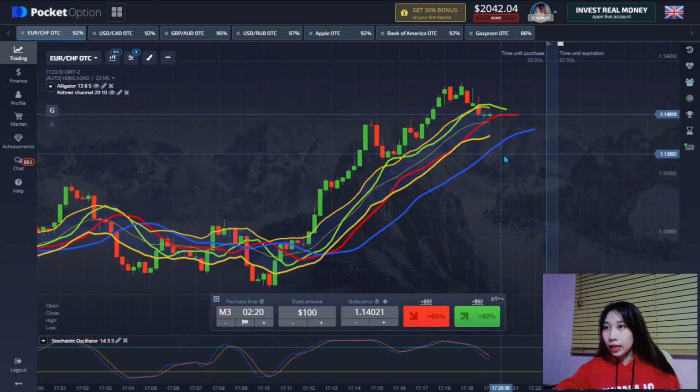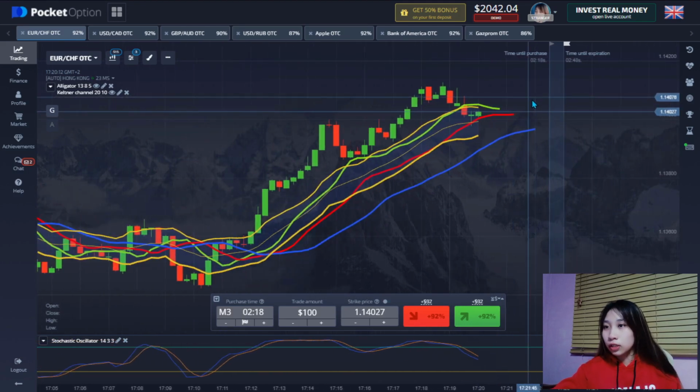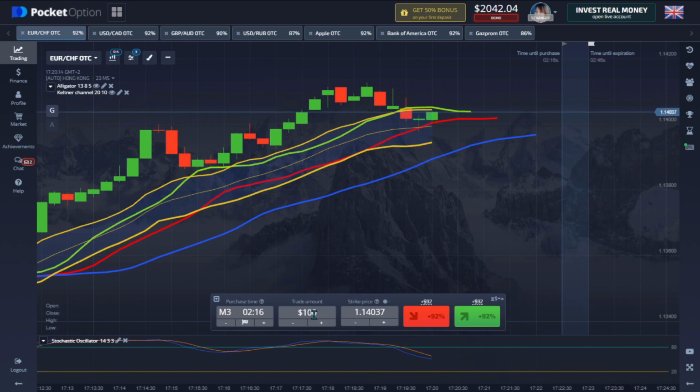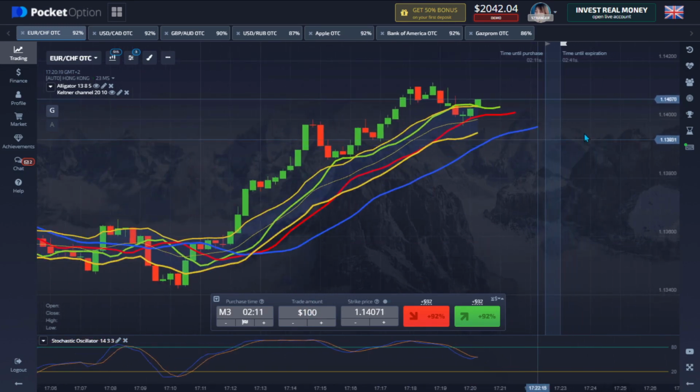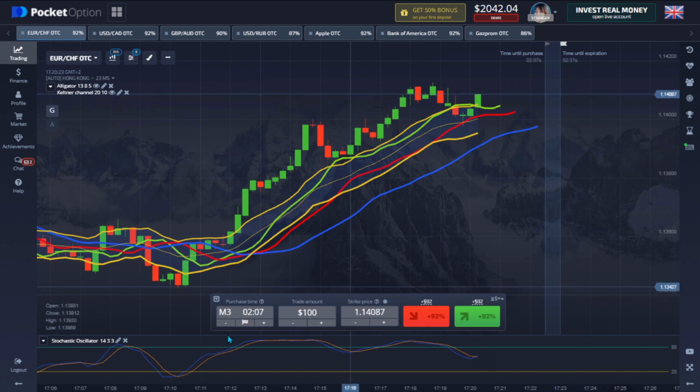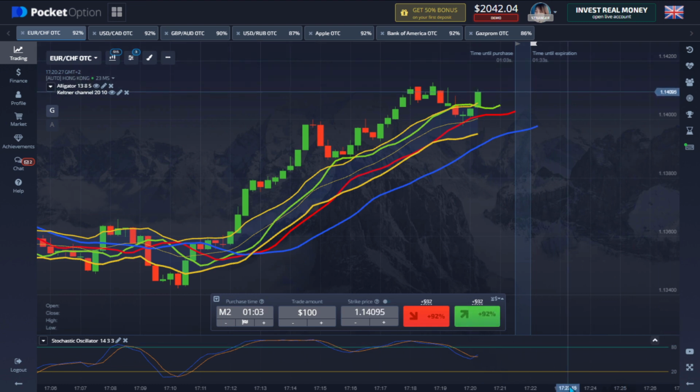So let's bet again and let's make up for the loss a while ago. We double our bet to $100 to recover the loss a while ago. So now let's wait. Let's set this up for 2 minutes. And it's going upward.